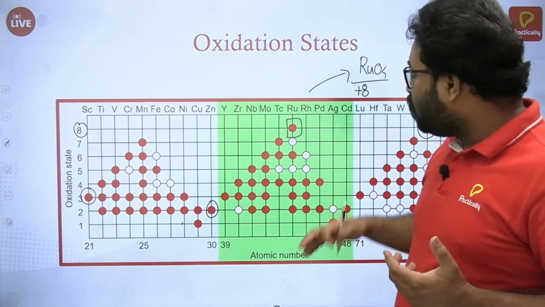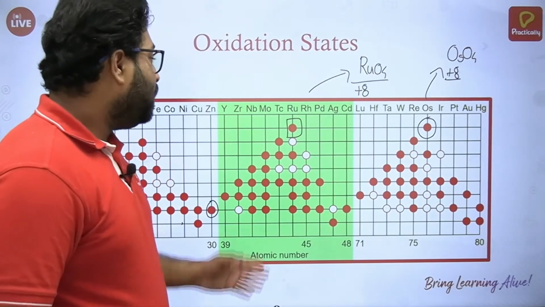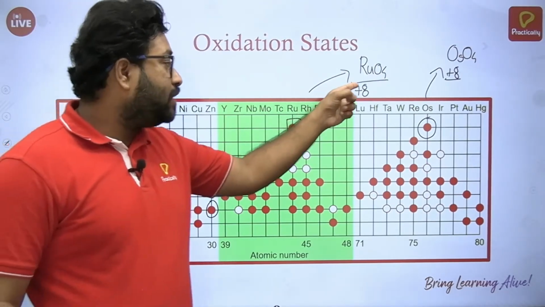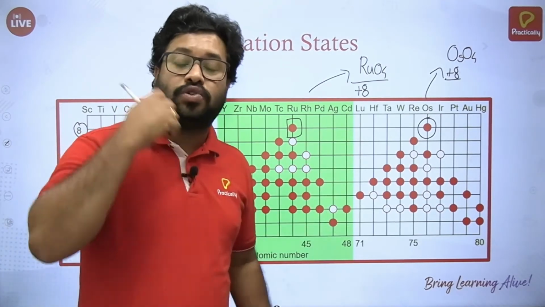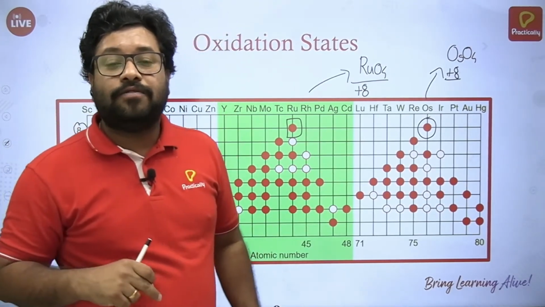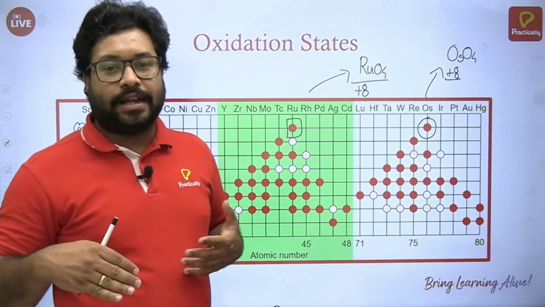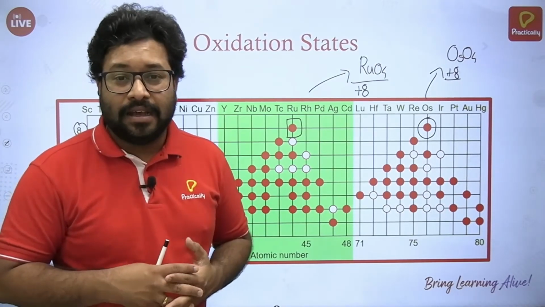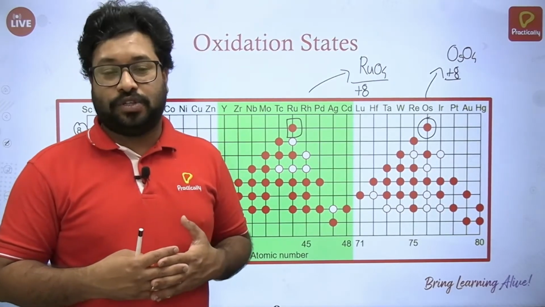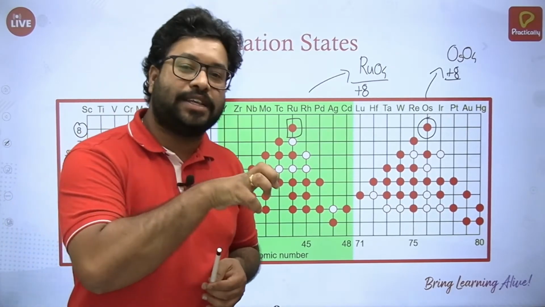So if it wants to push ruthenium to +8, what does it have to do? There have to be 8 fluorine atoms attached to ruthenium, and for osmium also there have to be 8 fluorine atoms. But to arrange 8 fluorine atoms around ruthenium or osmium is not that easy. Sterically, it is not possible. There could be steric hindrance, and that is why oxygen is chosen to attach with them.